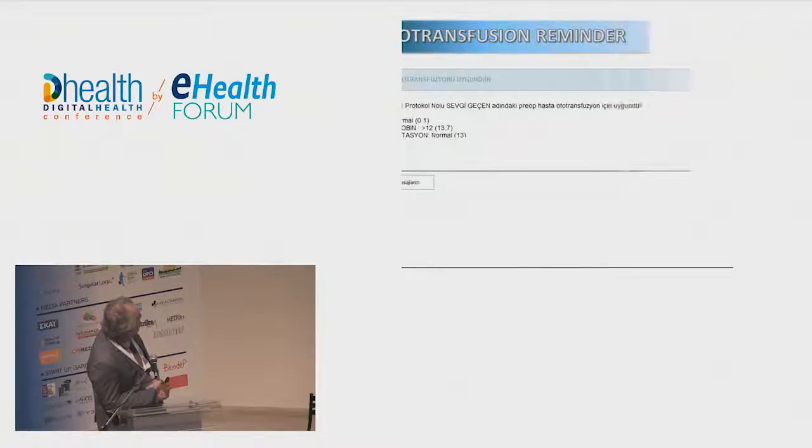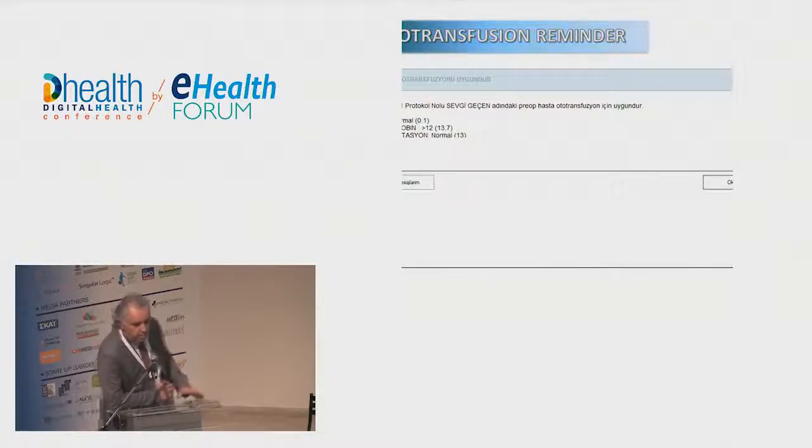This is a shock screen. And we have an auto-transfusion reminder. This is set by us. If the patient is going for orthopedic surgery, hip surgery or knee surgery, if the patient is eligible for autotransfusion, like if the patient is less than 65 years old and CRP is normal, hemoglobin level is over 12, and sediment ESR is normal.